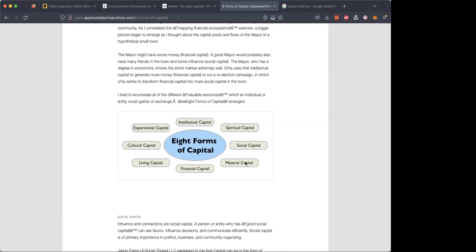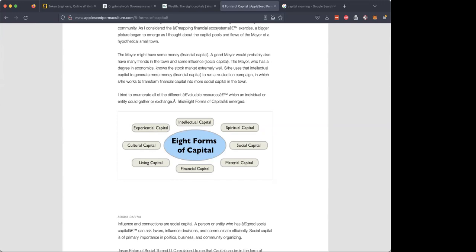You have materials, you have social capital, your relationships, you have spiritual capital, you have intellectual capital, the stuff you know, even that is your capital. Experiential, you know things just by experiencing them, by having taken action. You have cultural capital, that's your culture, and living capital, so your land and your trees and your animals and such.